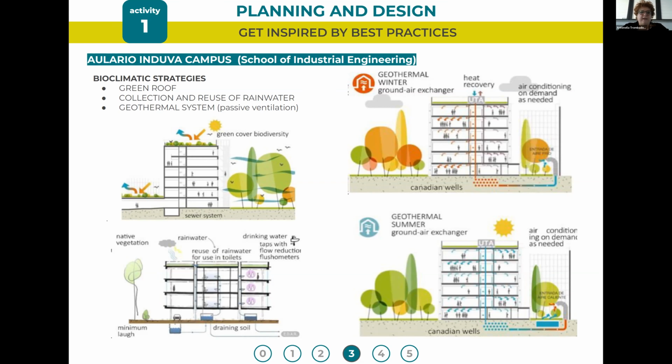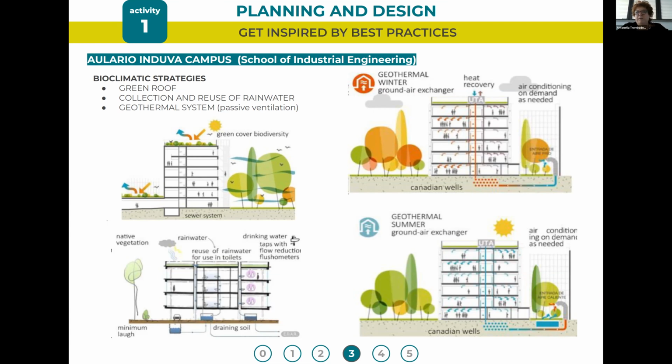So in this way, sometimes we can solve the energy problems throughout, thanks to the integration of green, of water, of some bioclimatic strategies, helping the creation of a new microclimatic effect. So taking some benefit from this.